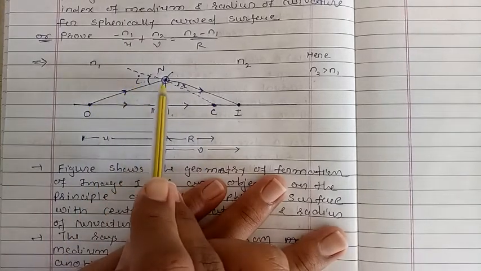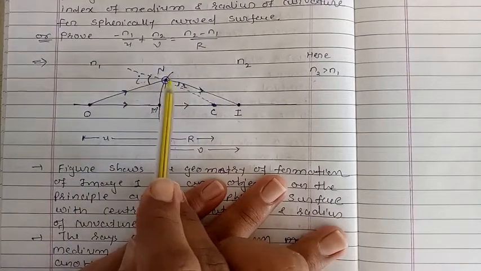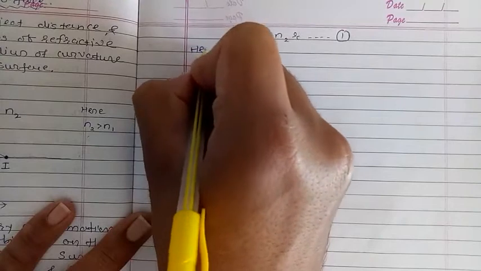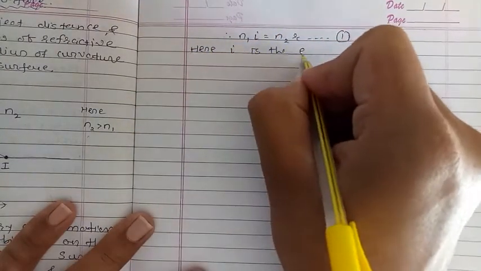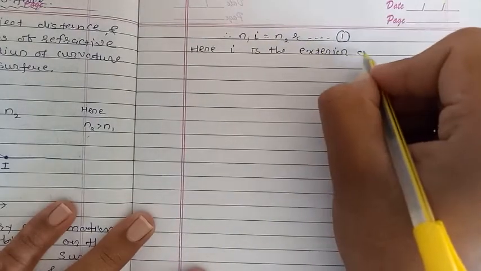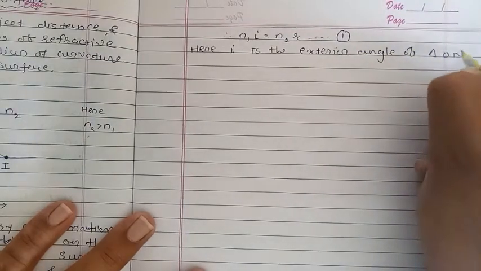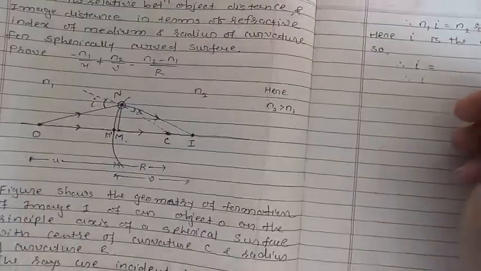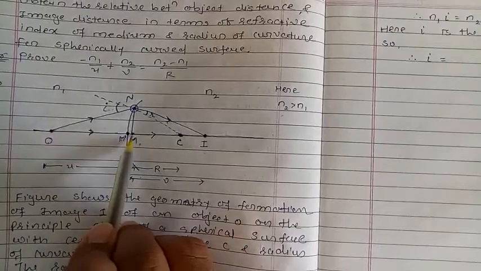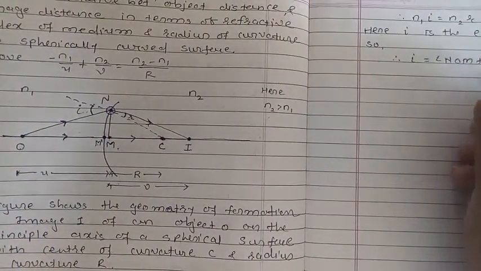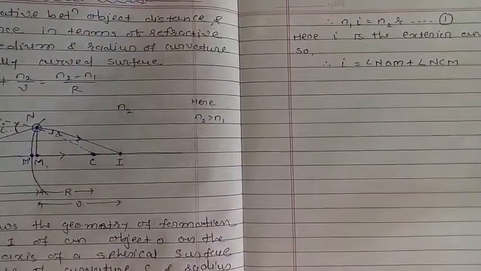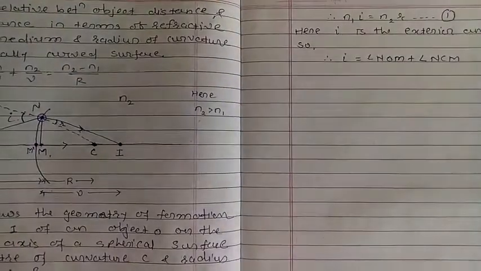So we can say that i is equal to angle NOM plus angle NCM. So we have to write angle NOM and NCM.